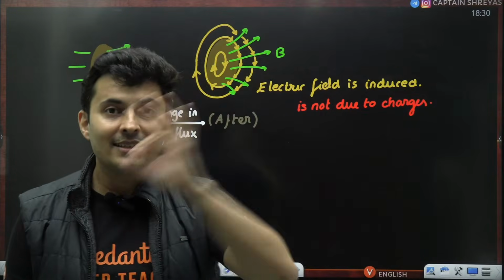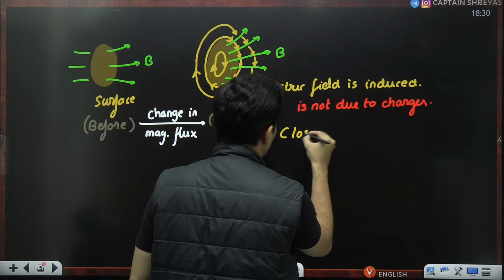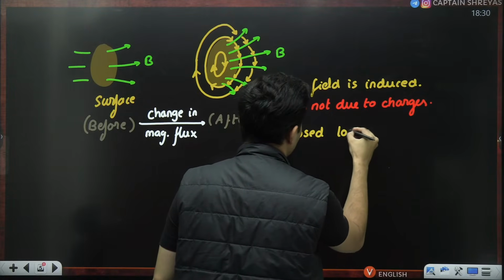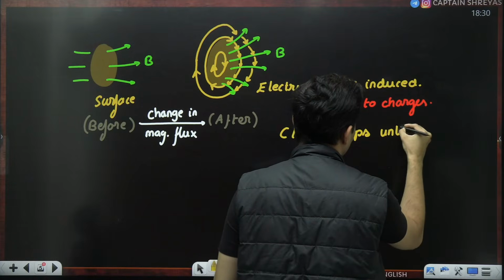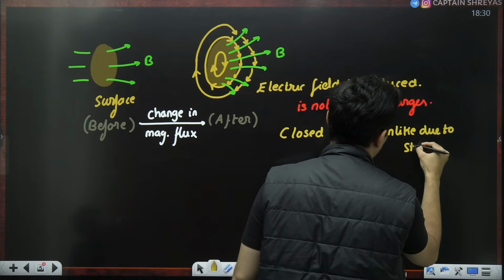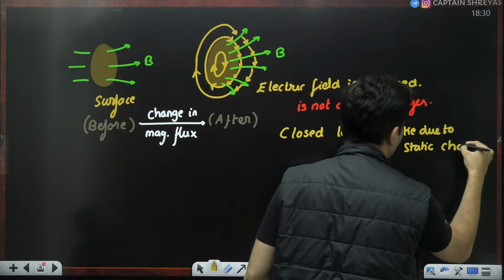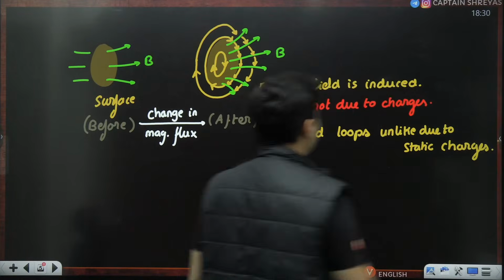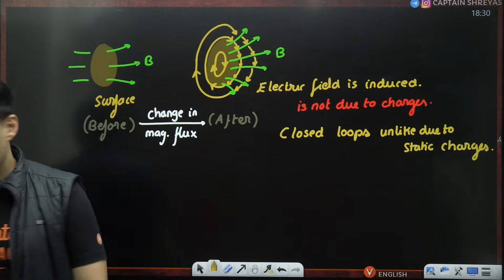Hence, they are closed loops. Unlike those due to static charges, they are basically closed loops, correct?